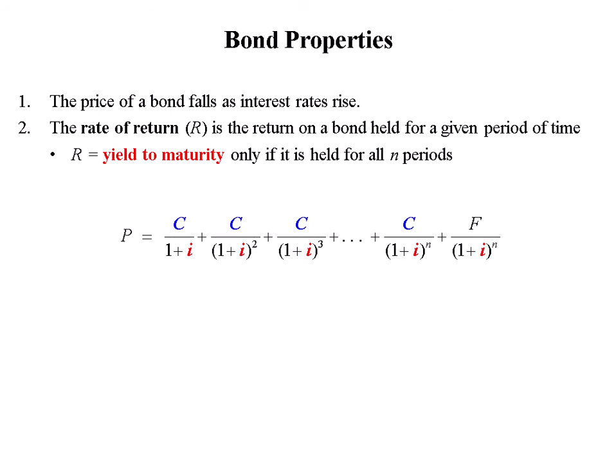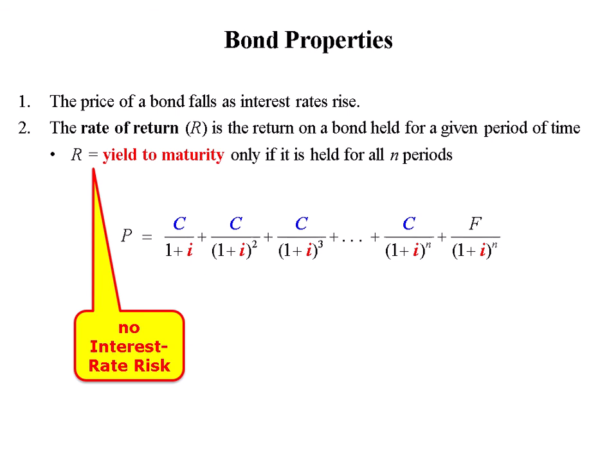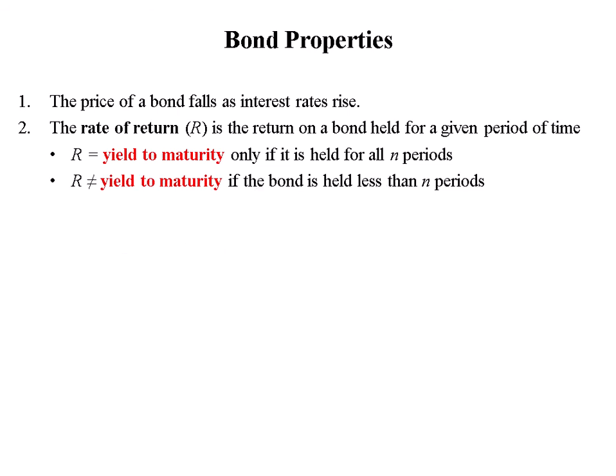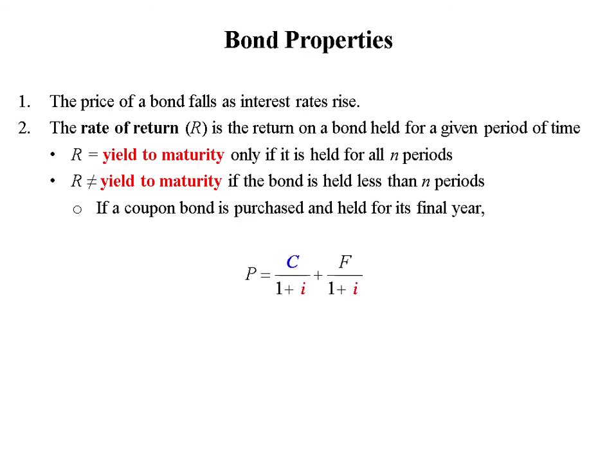The return of a bond equals the yield to maturity only if it is held for n periods. And then under this situation, you have no interest rate risk. So if you buy and you hold it for all n periods, the return is the yield to maturity. Now, the return is not necessarily the yield to maturity if the bond is held less than n periods.